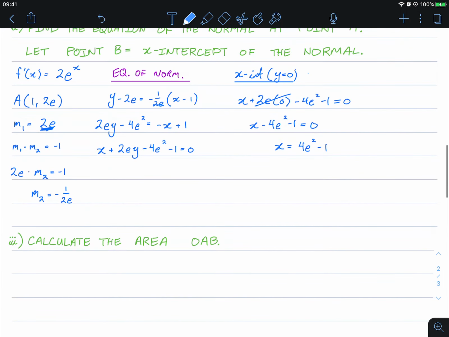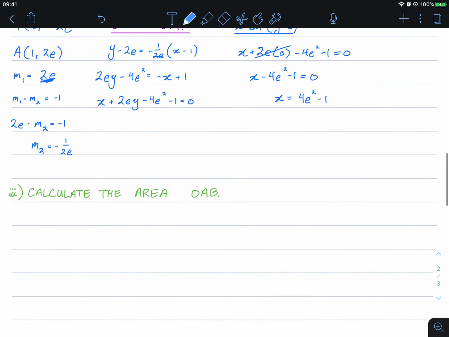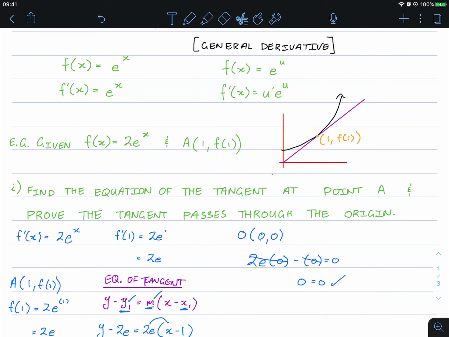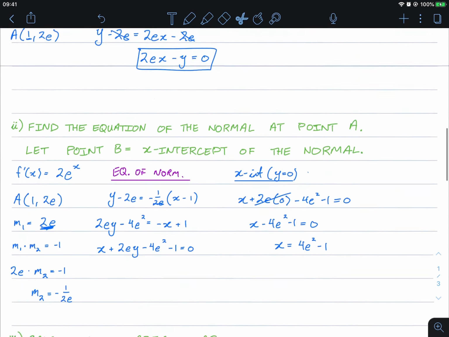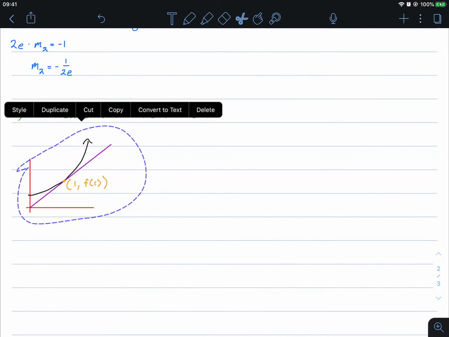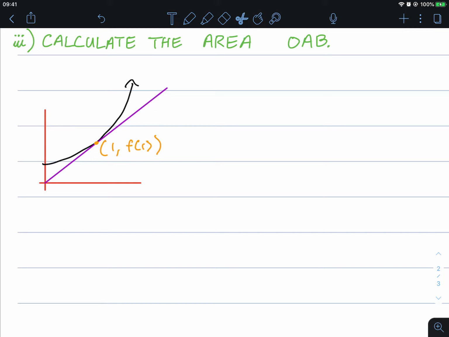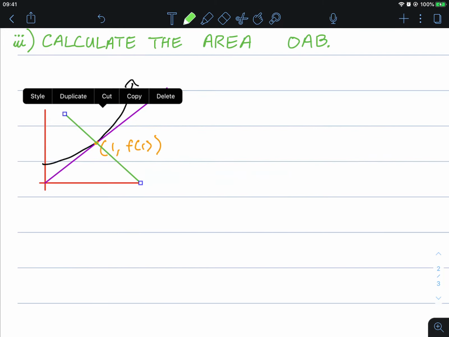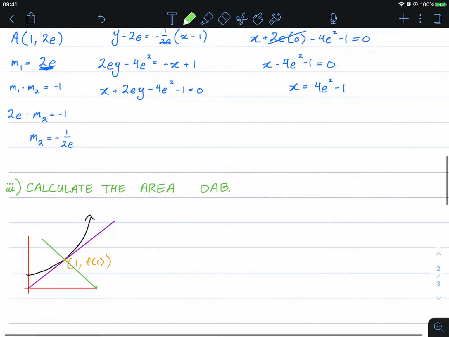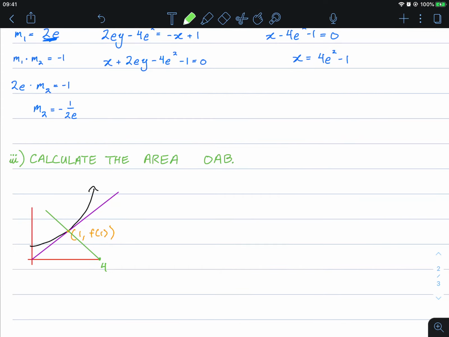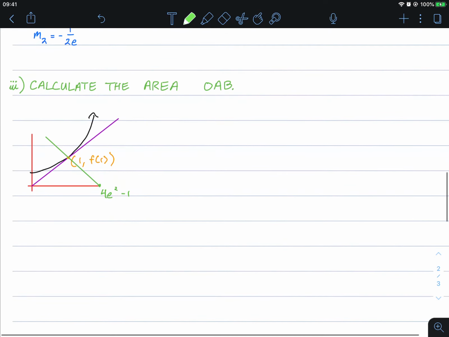Now let's calculate the area of OAB. Let's grab our little sketch here. Let's put it back here. So we have this going on for us. Let's draw the normal. The normal will look something like that. And the x-intercept at that point was 4e squared minus 1.